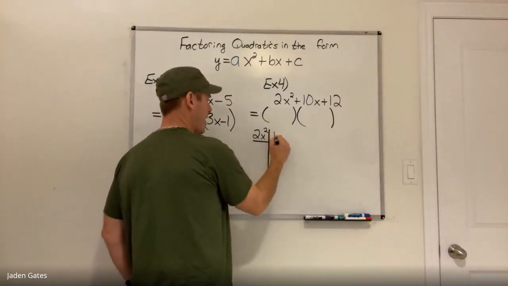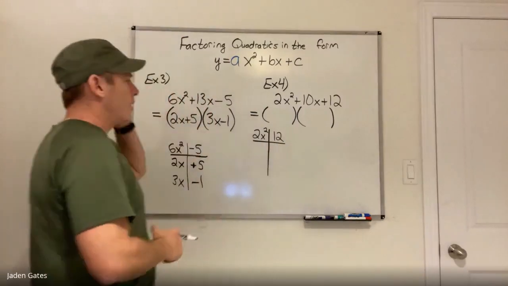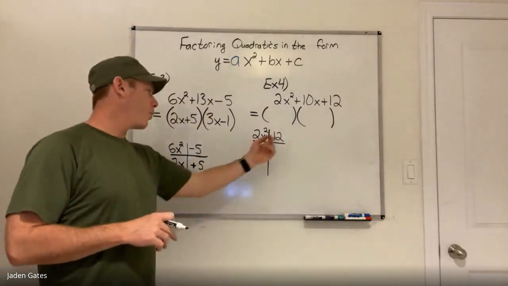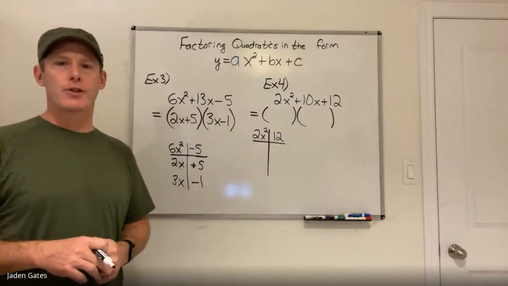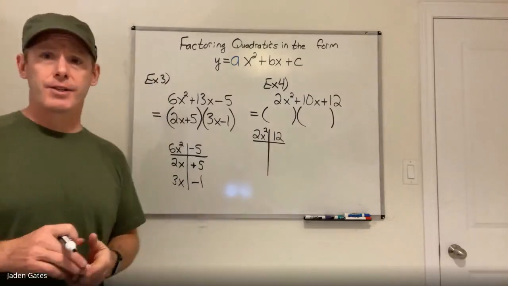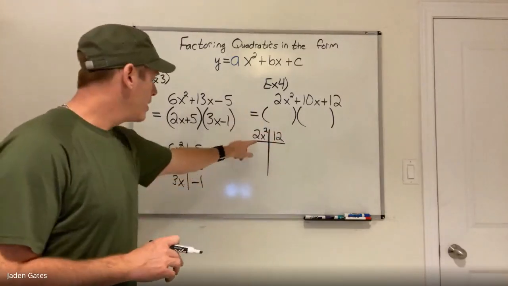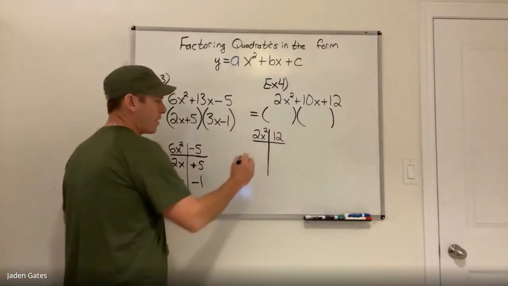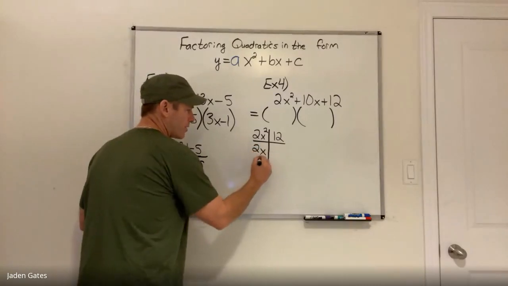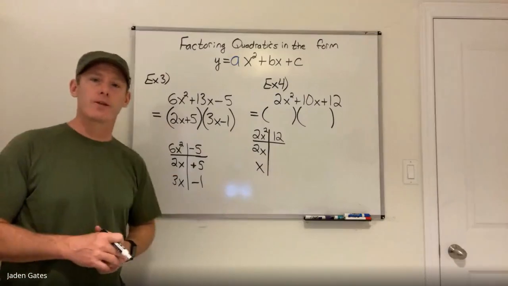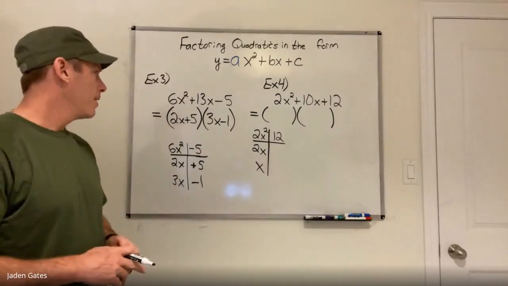Last term, put that in the right spot. All right, so again, working with my table. 12. Lots of combinations there. 12 times 1, 6 times 2, 3 times 4. So I'm going to leave that one. But 2x squared, only one combination there. 2x and x. Now those might flip, but those are the only 2 things that multiply to give me 2x squared.